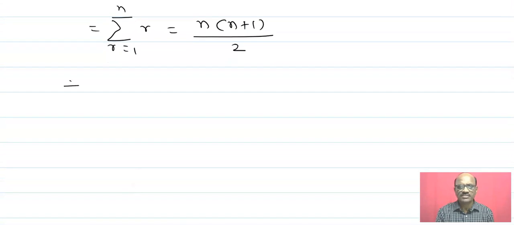This is the formula which we will use mostly.